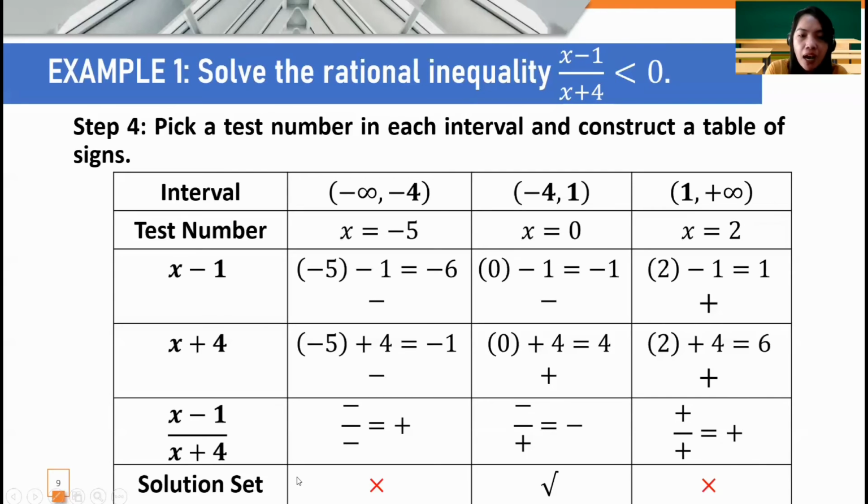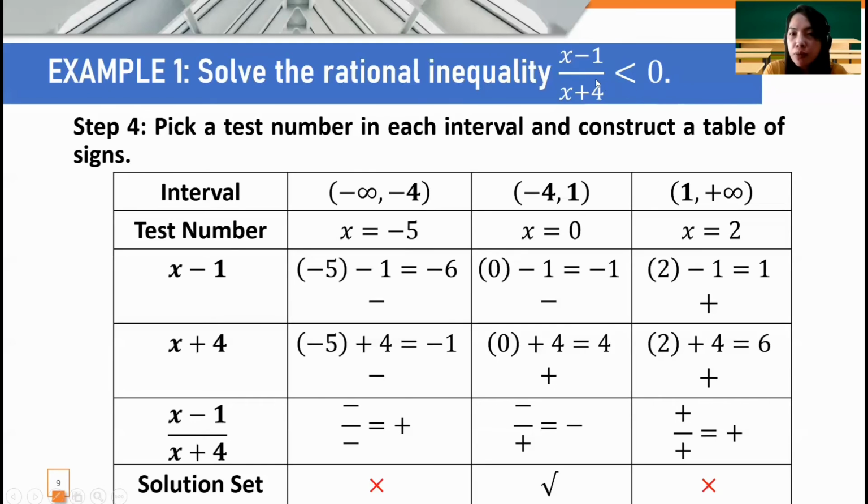Okay, now, how to determine the solution set? We're going to analyze the given rational inequality. Ano ba yung mga numbers na less than 0? Is it a negative number or a positive number?